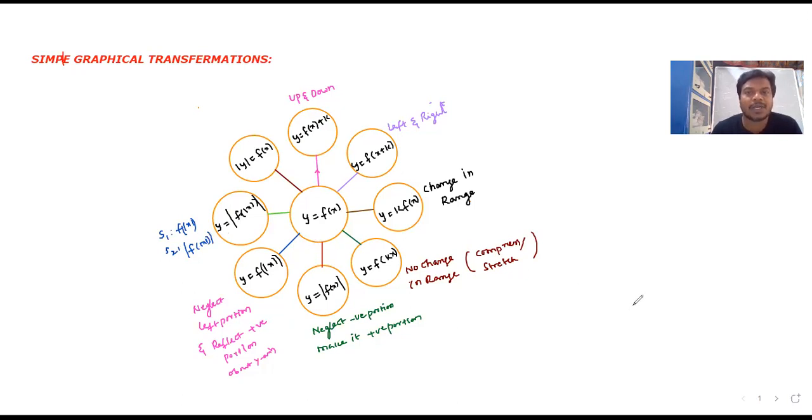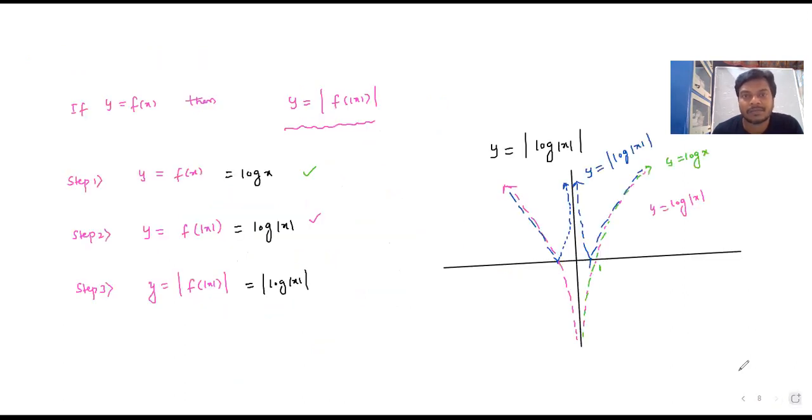Next, we will discuss how to draw the graph of mod y equal to f of x. Suppose y equal to f of x is given, then how to draw the graph of mod y equal to f of x? Observe. Clearly, modulus of y is always positive.